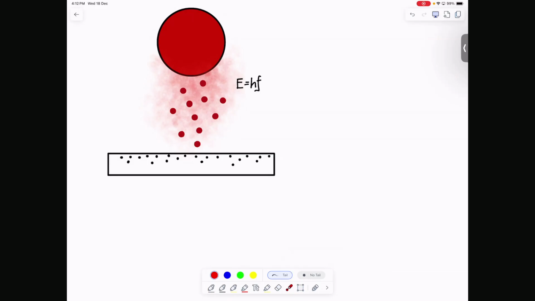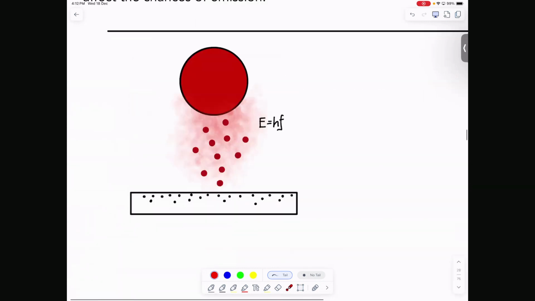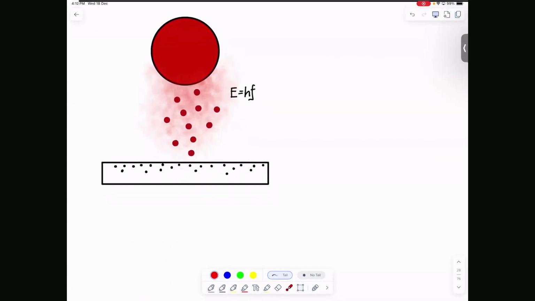Right. So what did I increase here? Intensity. If you look at this equation here, E equals to hf, is there intensity here? No, right? So that means intensity doesn't control the energy of a photon. So if you increase or decrease intensity, what's actually going on?